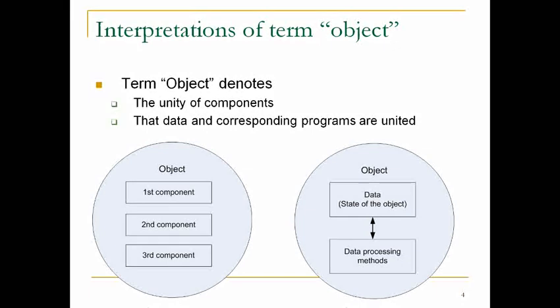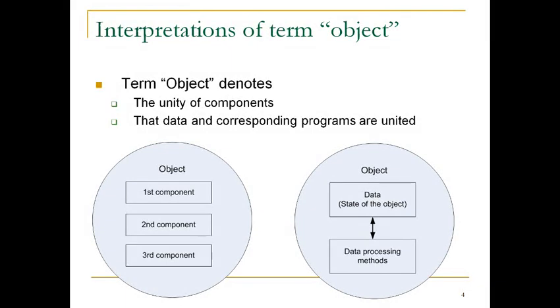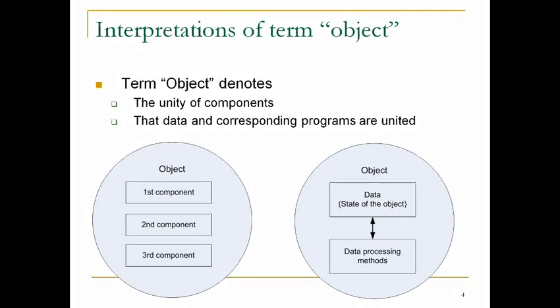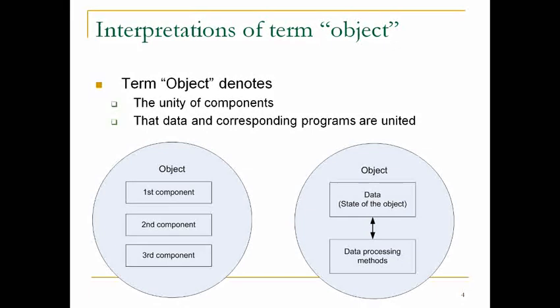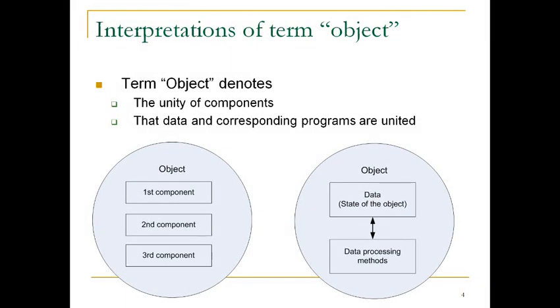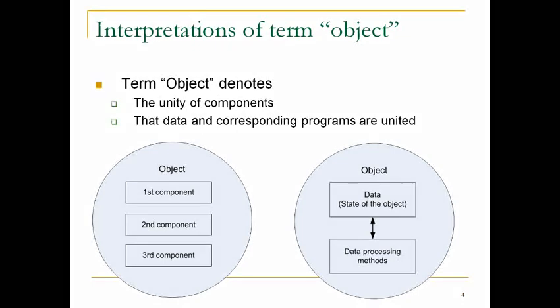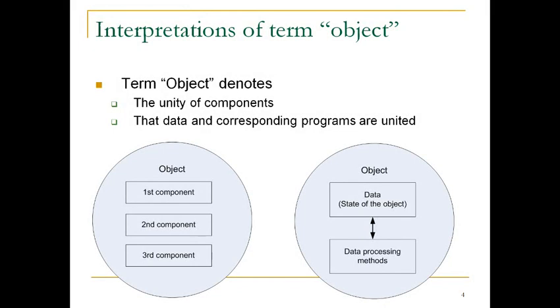For example, if we have an address consisting of street, house number, apartment number, and so on, we can define that only the whole object consisting of the street, the house number, and the apartment number has a meaning. For example, if I say I'm living in apartment number 61, you won't be able to find where I'm living. You need all these components.